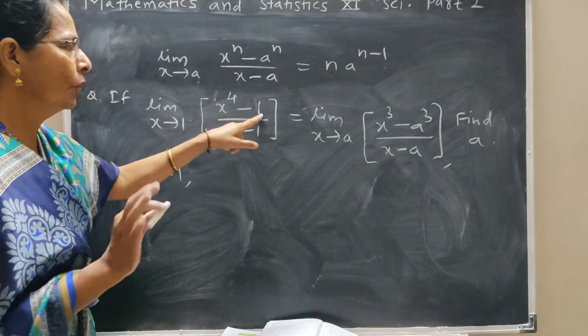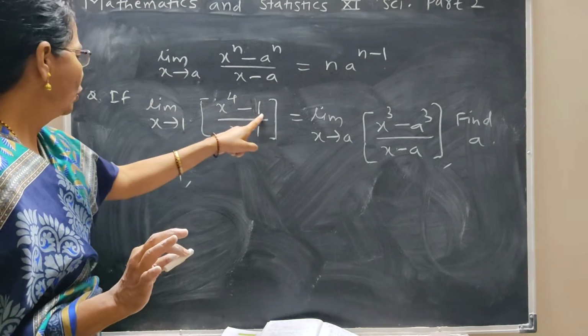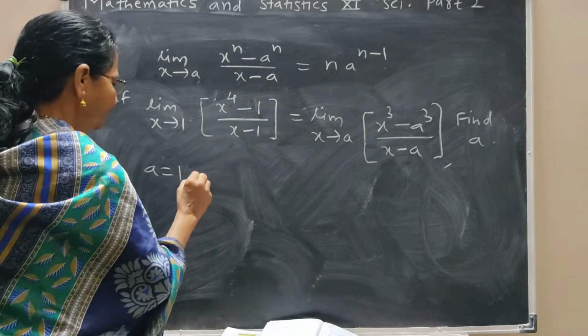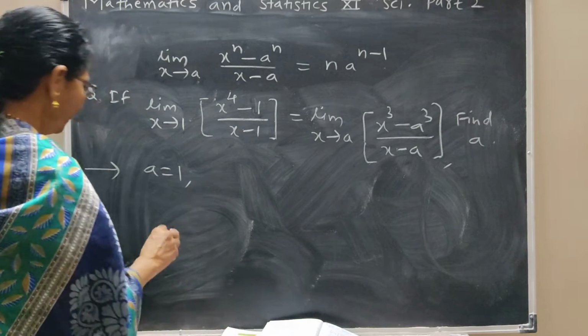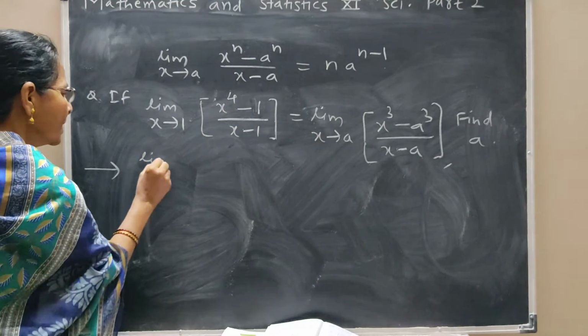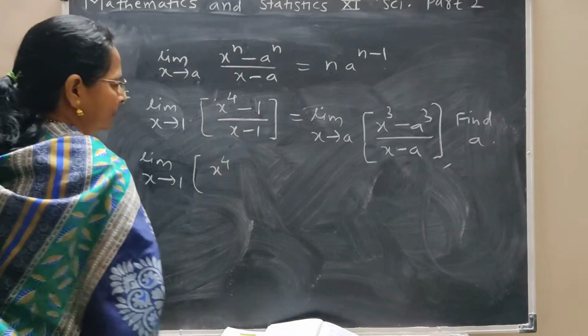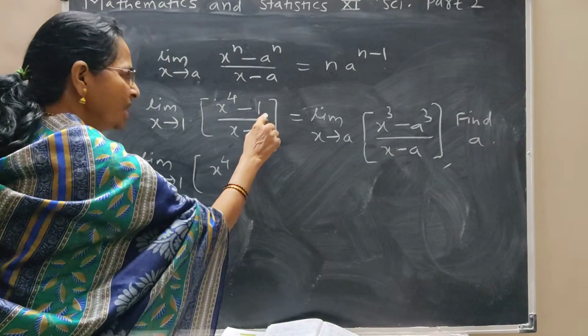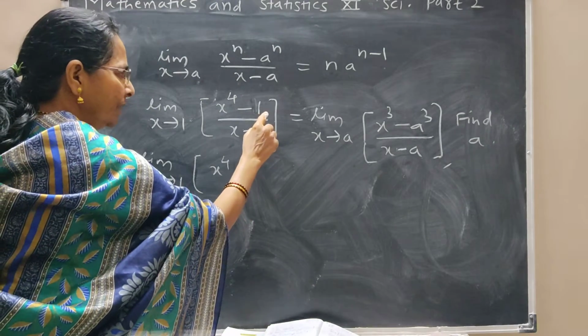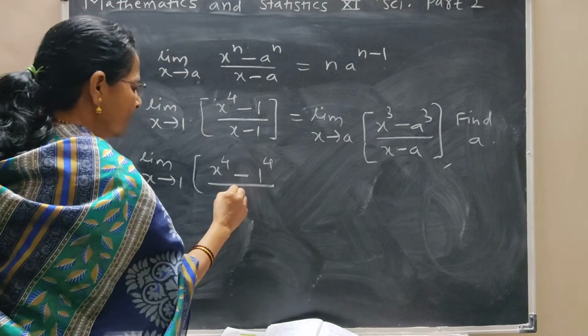Since 1 raised to 4 is also 1, directly take the value. We write this as limit as x tends to 1, x raised to 4 minus 1, written in the form 1 raised to 4, upon x minus 1.